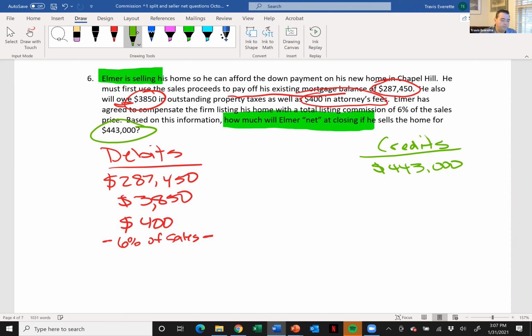That also gives me the number I need to calculate my commission over here, because that's going to be 443,000 times 6%. And so if I do that math, 443,000 times 6%, I get 26,580 for commission.